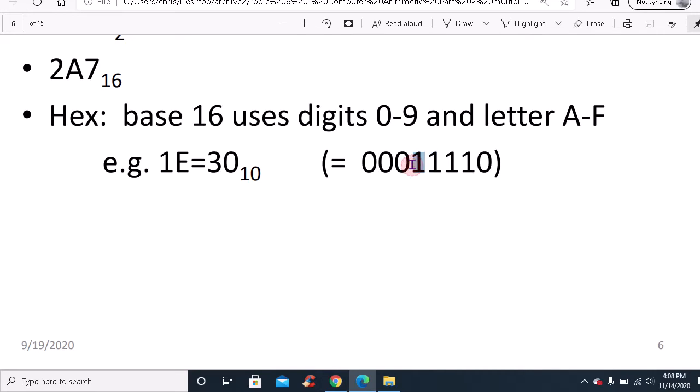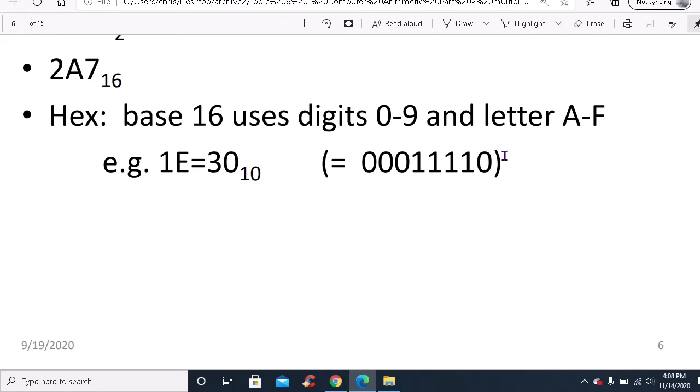What is this 5-bit number? What's it equivalent to? You've got 0 times 2 raised to the power of 0, 1 times 2 raised to the power of 1, 1 times 2 raised to the power of 2, 1 times 2 raised to the power of 4, and 1 times 2 raised to the power of 3, which is 8.